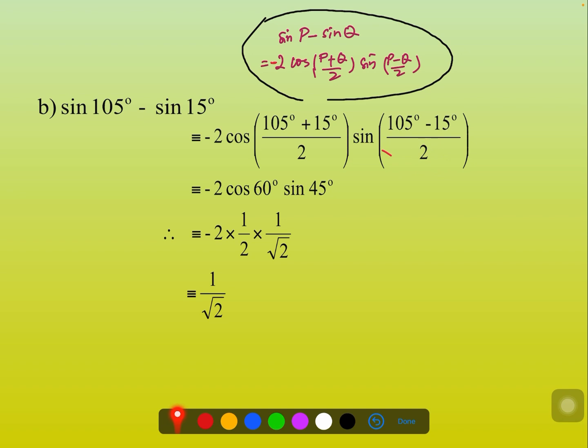So we have 2 cos 60 sine 45. Cos 60 is half and sine 45 is root 2 over 2. Okay, so we cancel 2 and 2. We will have here the answer, root 2 over 2.